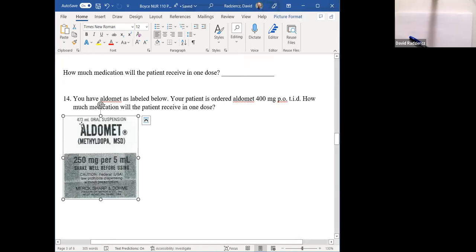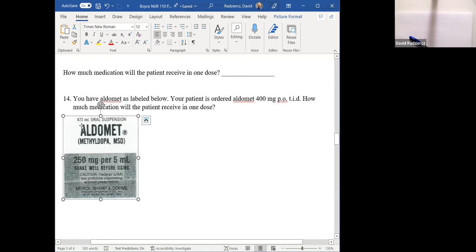You can see where it says 473 milliliters is your oral suspension. That tells you right off the bat that this is going to be a liquid medication, and that it's in milliliters. That helps eliminate the guesswork as to what you would put. You wouldn't put tablets here because nowhere on the label does it say anything about tablets.